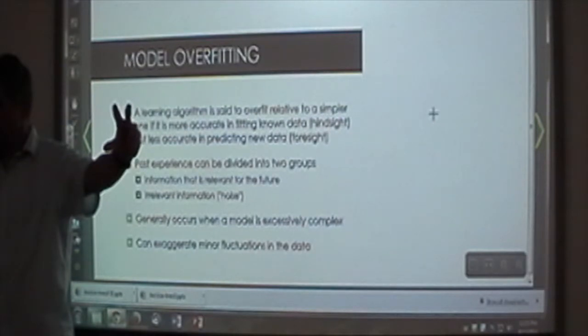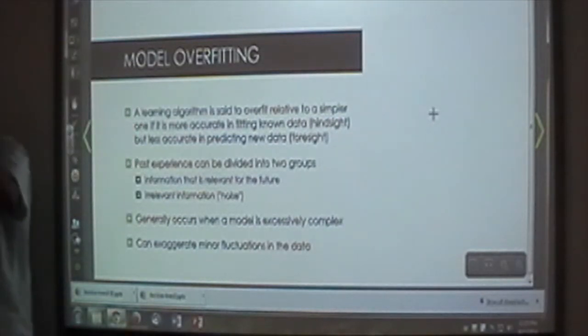In that ID code example, we fit our data perfectly, but it has no idea how to fit something it's never seen before. Because now you have a new class, what's the ID code? It's O. Where does that fit? It's going to fit in its own new category. Is it a yes or a no? It hasn't really learned any information to make that decision.